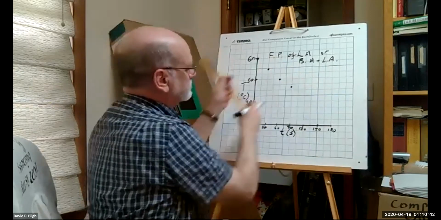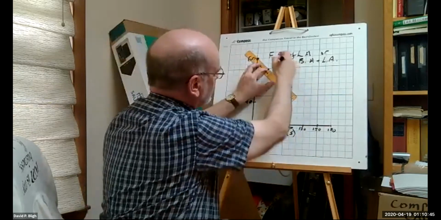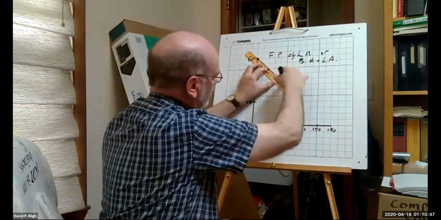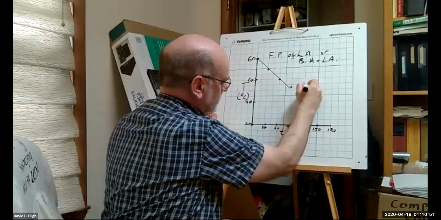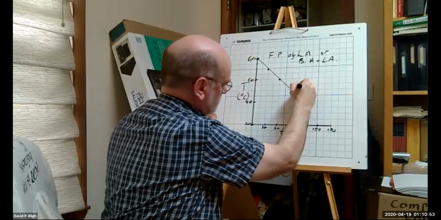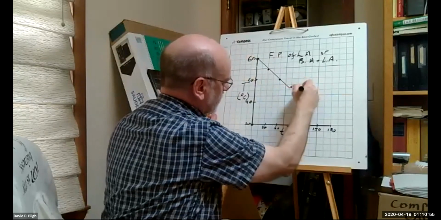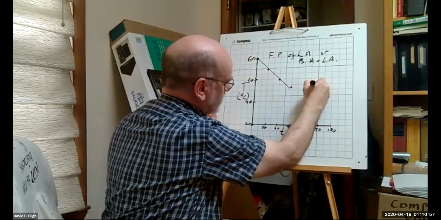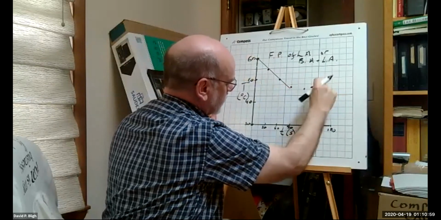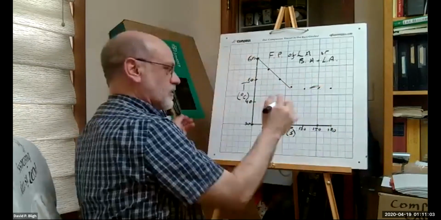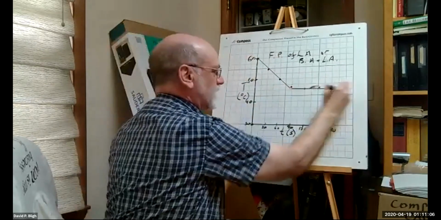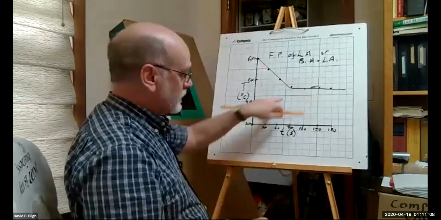Like that. So you get roughly a straight line here. And then at this point, we're going to get here, here, and maybe here. Go out that far. All right, so it's going to be like that. So this is your freezing point.